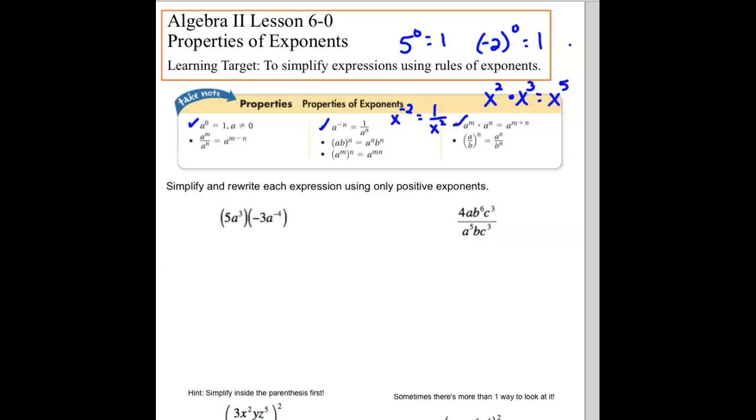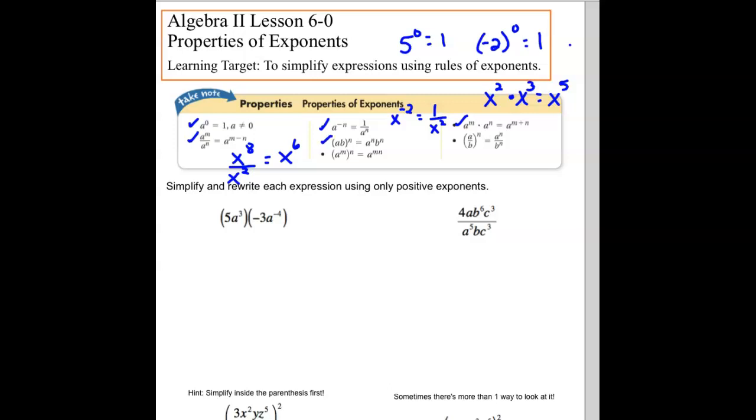Our fourth rule is just like the last one, but instead of multiplying, we're dividing. Instead of adding the exponents, we subtract them. So if we have x to the 8th divided by x to the 2nd, our bases are the same, so we keep that x and subtract our exponents. So we'd have x to the 6th.